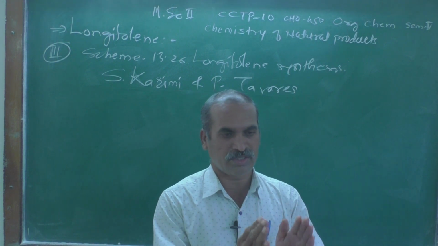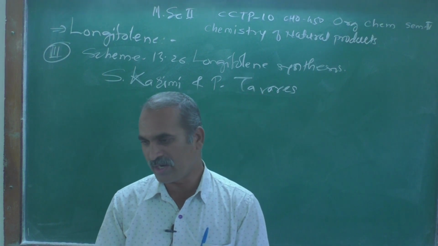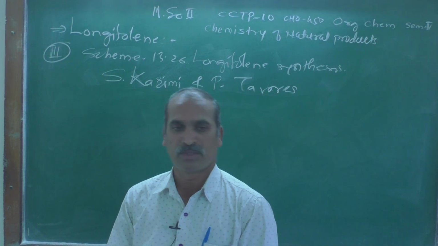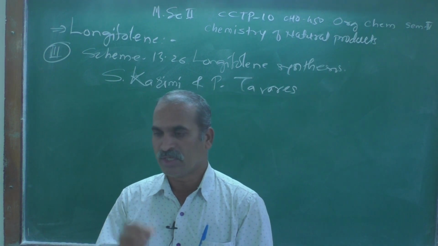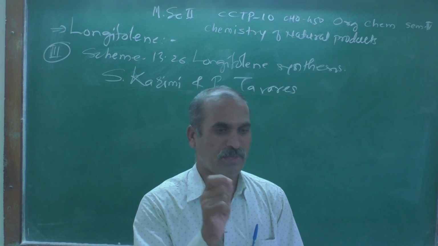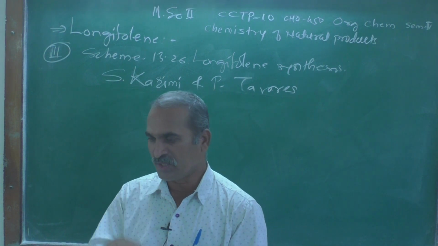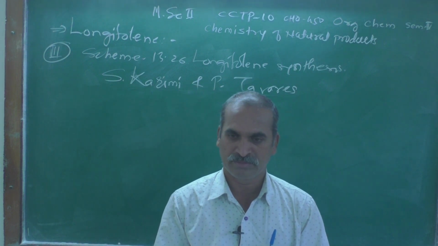When the first reagent, H2 in presence of palladium charcoal, is added, it has a specific use. It only reduces the carbon-carbon double bond, whether it is in isolated form or in a conjugated form.